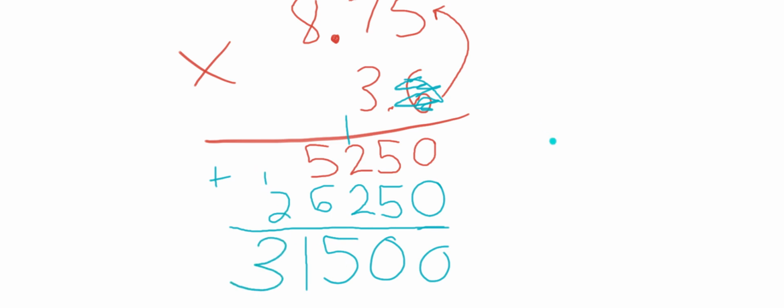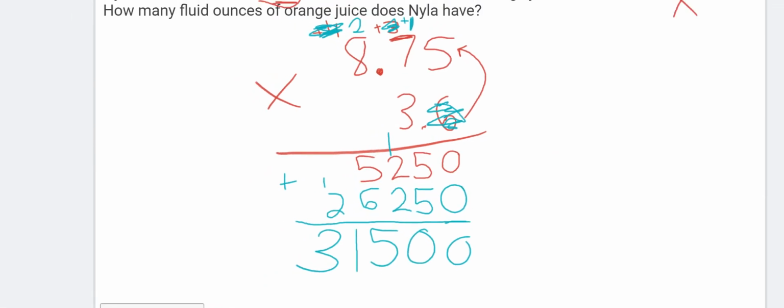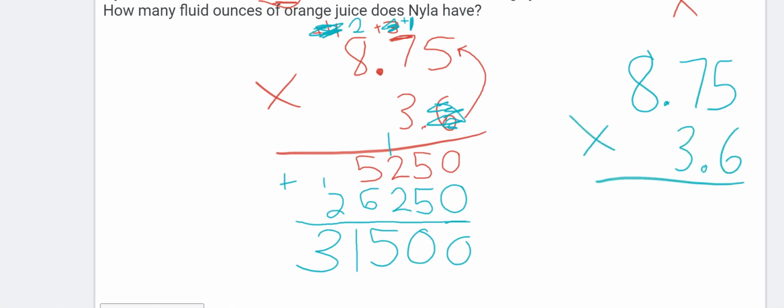Now I need to go back to my problem. So I had the numbers 8.75 and I multiplied it by 3.6. I have to place my decimal point within my answer. How many numbers were after both decimal points? That's right, there were 3. 1, 2, 3.